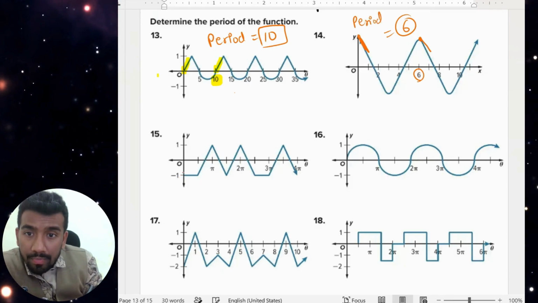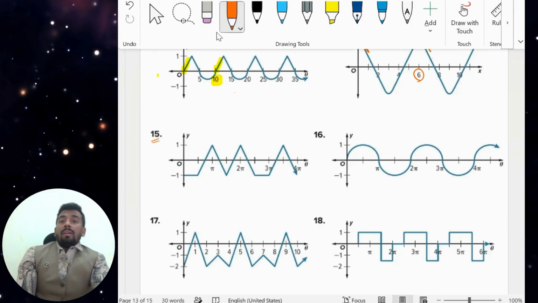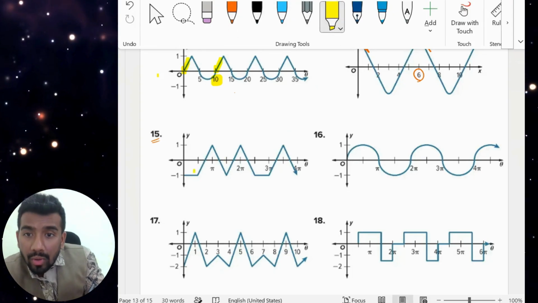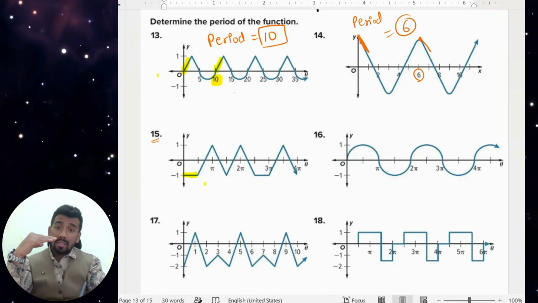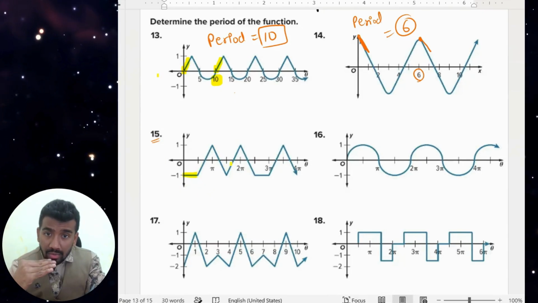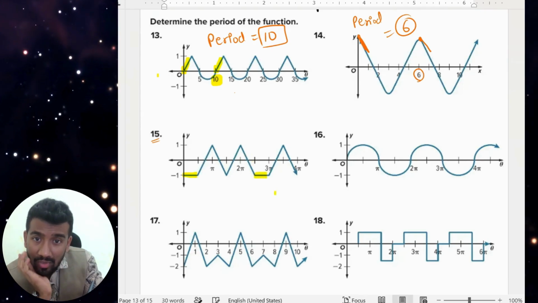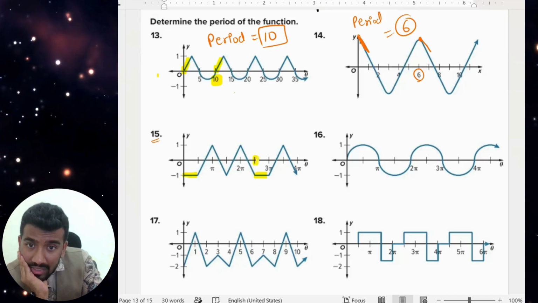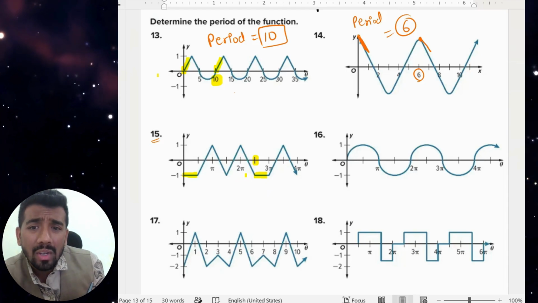What about this one? Question 15. Look, at 0, how is it going? It's going straight. Again it will go straight from here, right? So that interval is the period. There is no value over here. What do you think the value will be?